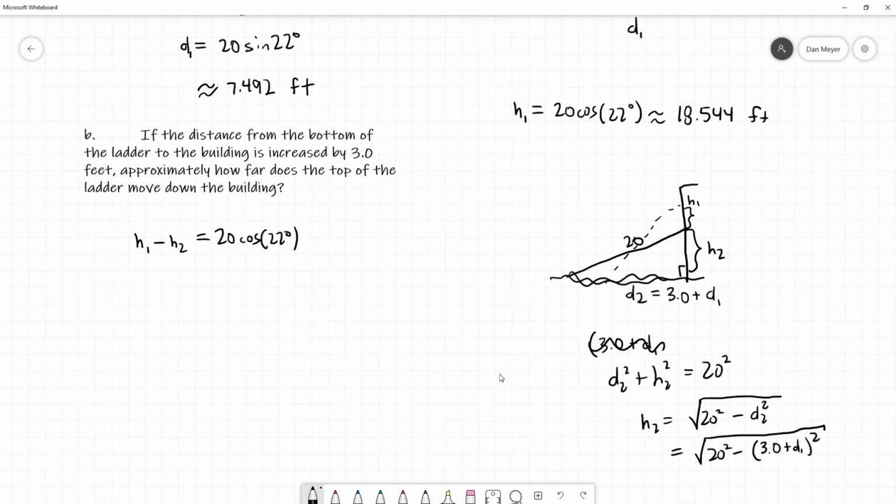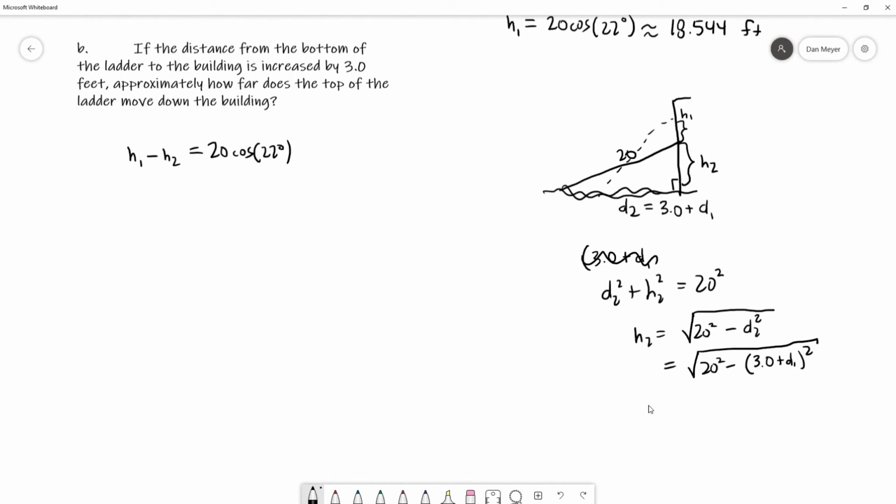And that first length was 20 sine 22. So 20 squared minus (3 plus 20 sine of 22 degrees) squared. All right, so that's my second height.